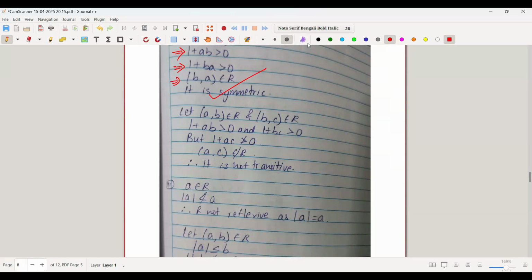Let (a, b) belong to R and (b, c) belong to R. 1 plus ab and 1 plus bc are greater than 0, but 1 plus ac is not greater than 0. How? What is the basis for this conclusion?